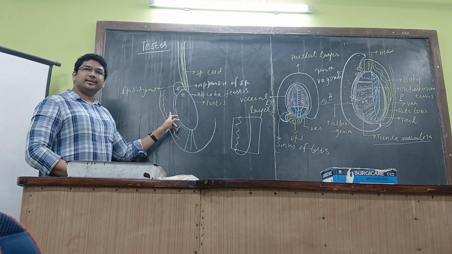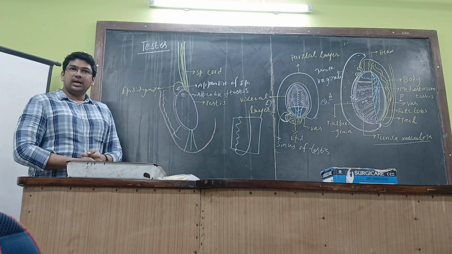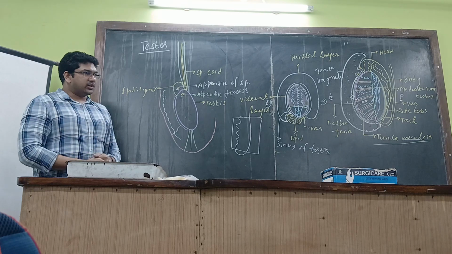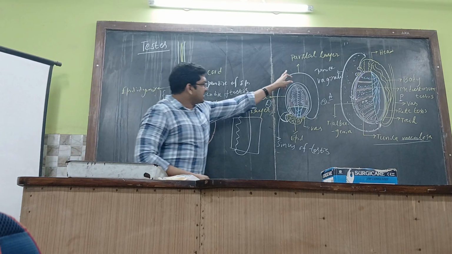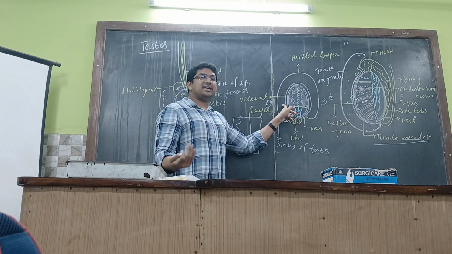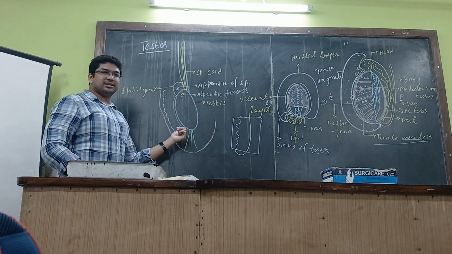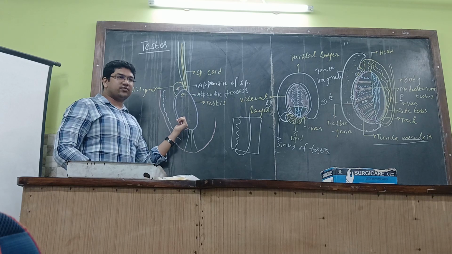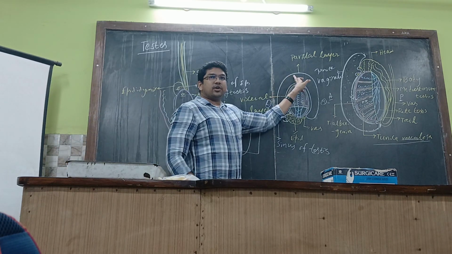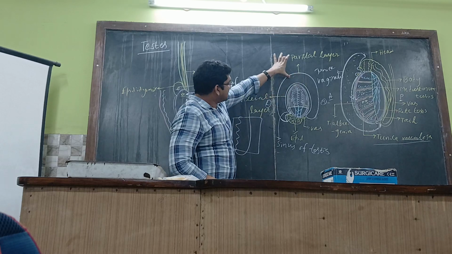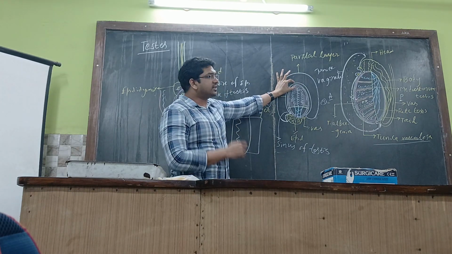Then followed by the internal spermatic fascia, derived from the deep inguinal ring, and further the parietal layer of the tunica vaginalis. These are the extrinsic coverings of the testis: skin, dartos muscle, external spermatic fascia, cremasteric muscle and fascia, internal spermatic fascia, and the parietal layer of the tunica vaginalis. And those are the intrinsic coverings of the testis.